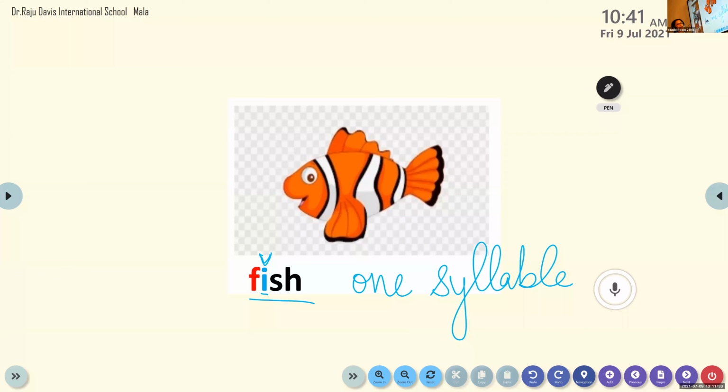Okay, it is a one syllable word. If it is a one syllable word, we have to sound out through its individual sound. Why? Ma'am has given a different color for it, a different alphabet. All the 26 letters have different sounds. So F has the sound of F, I has the sound of E, and SH has a combined sound, that is sh. So when we write the word, you sound out each individual sound.